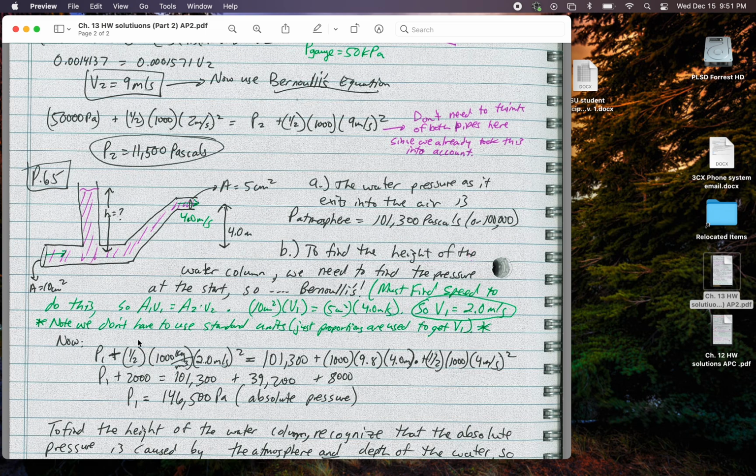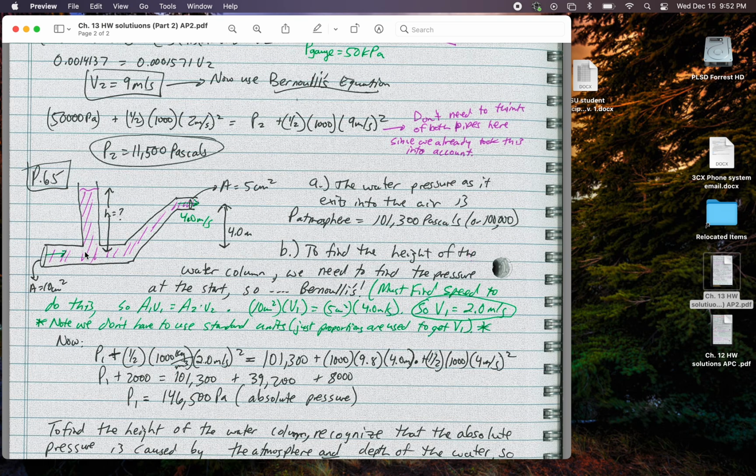So now I'm going to use Bernoulli's equation, which again, I should have written this standard form out for. P1 plus 1/2 density times this velocity squared is equal to, at this end, this pressure, which is atmospheric pressure, plus rho g h, it's always a 4 meter height, plus 1/2 rho V squared here. So I get that the pressure at this point is 146,500 pascals.